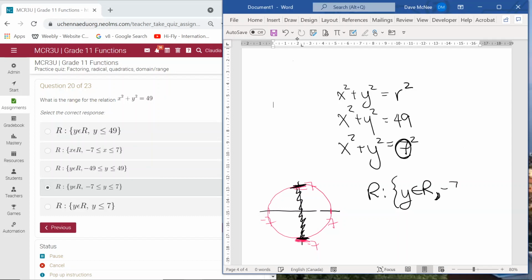So -7 is the lowest, 7 is the highest, y is sandwiched in between, and then I got to put an inequality there. So y must be greater than or equal to -7, and y has to be less than or equal to +7. So this is the correct ordering, and that is that choice, the fourth choice right here.